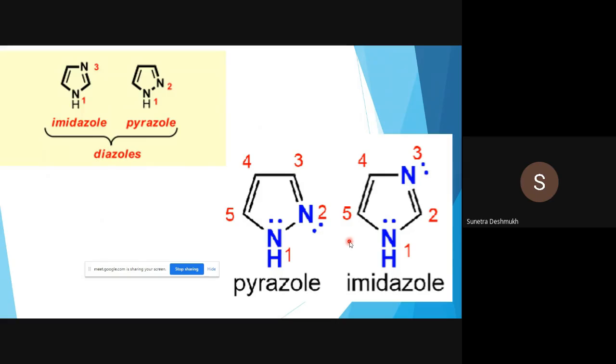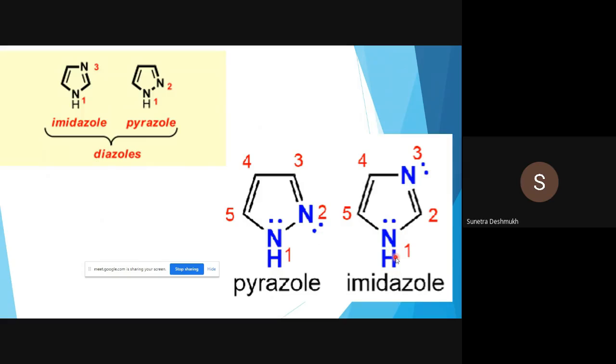and the remaining two carbon atoms we number fourth and fifth. So in every heterocycle, if two or three heteroatoms are present in one ring, you have to number according to the rules: start from the first nitrogen atom, or any heteroatom which is more acidic.